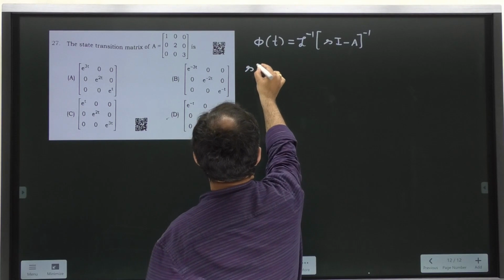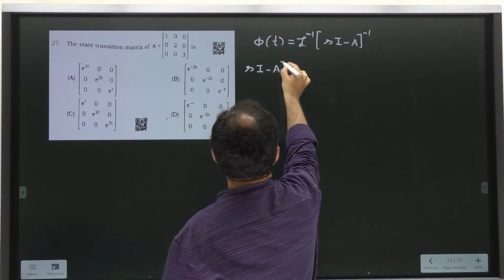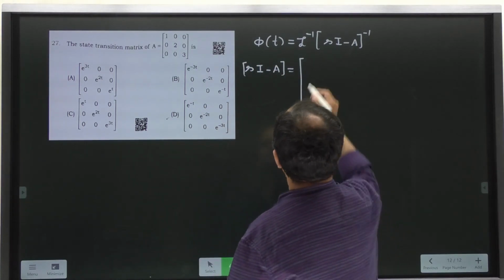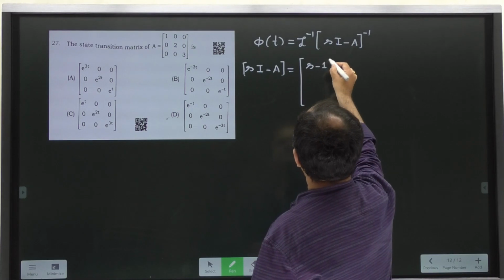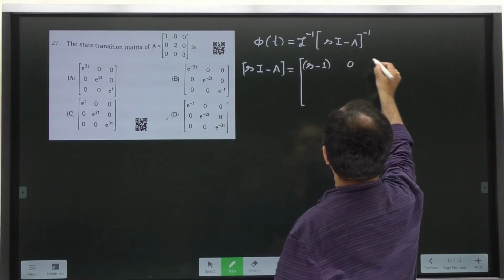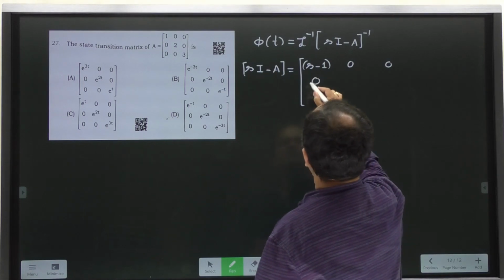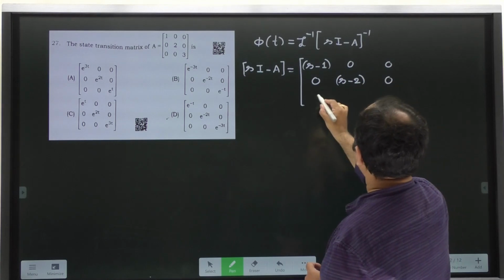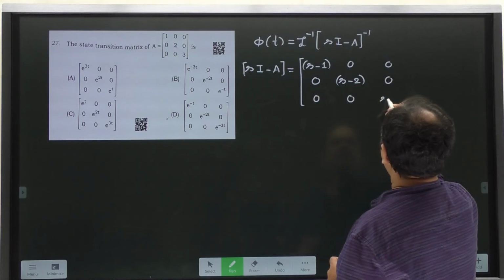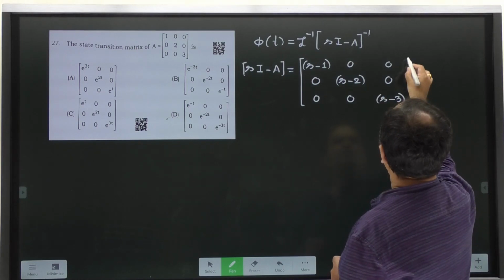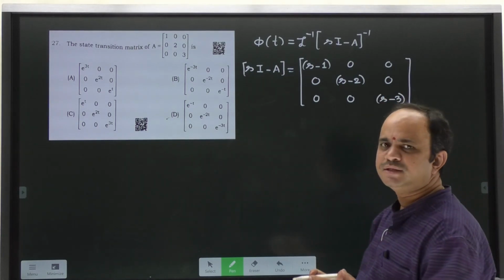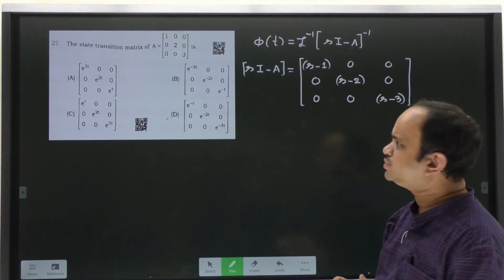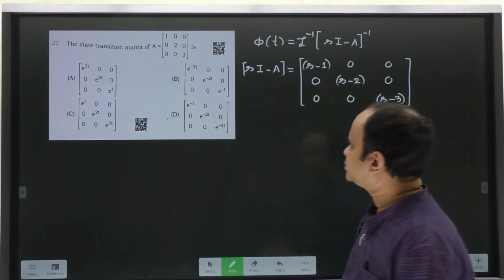Suppose I take sI minus A, what we will get here: s minus 1 is the first element, 0, 0, 0, next element is s minus 2 and 0, 0, 0 and s minus 3. So basically this is a diagonal matrix, meaning all diagonal elements are finite values, and the rest of the elements are zeros.